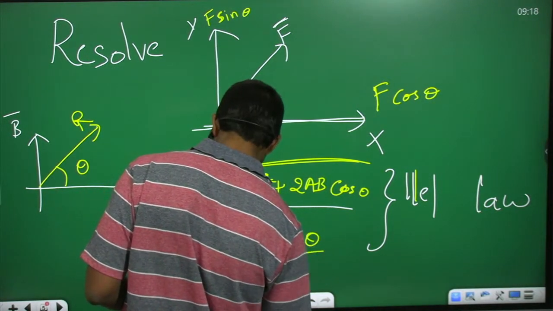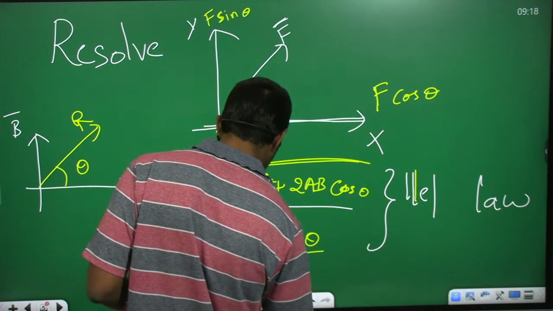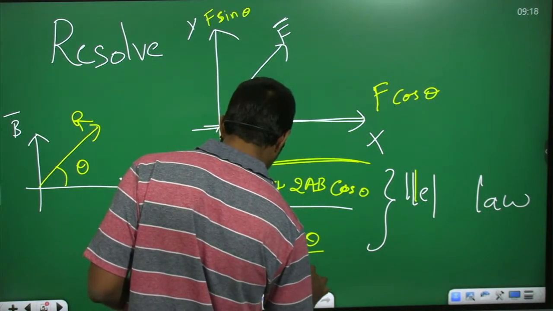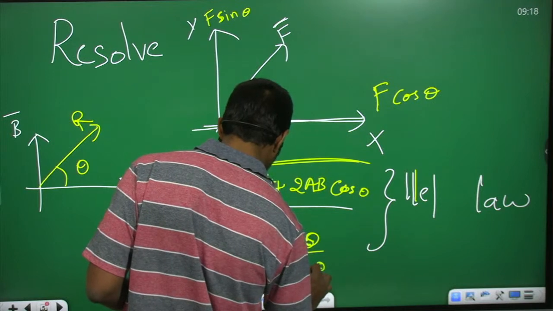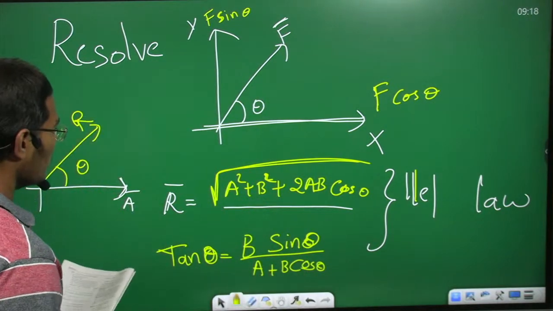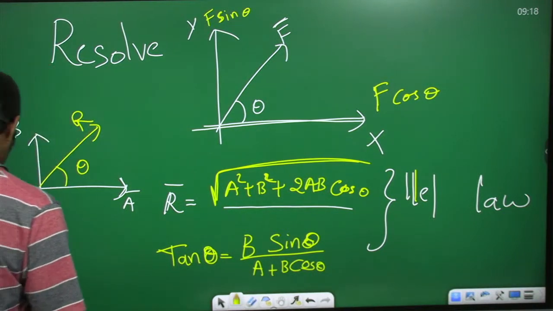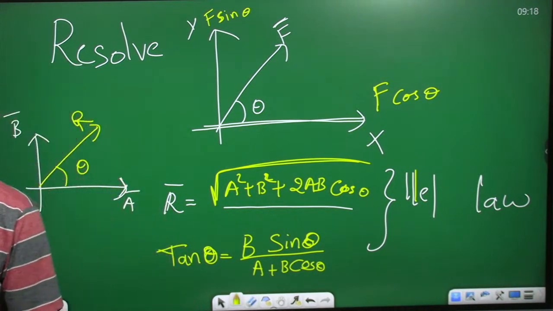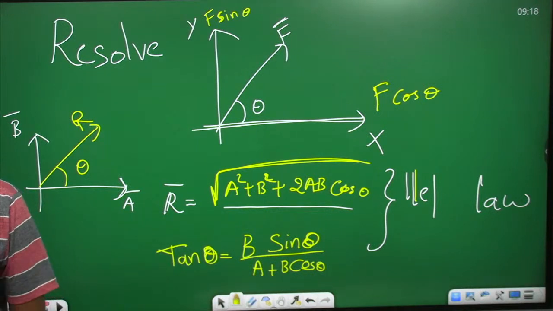B sin theta by a plus b cos theta. Check whether you are getting it right or wrong. I guess it will increase your confidence as well. So hope you are done.